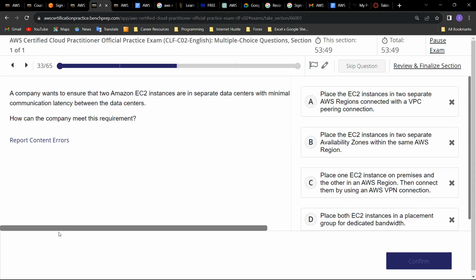A company wants to ensure that 2 Amazon EC2 instances are in separate data centers with minimal communication latency between the data centers. How can the company meet this requirement? With minimal communication latency.